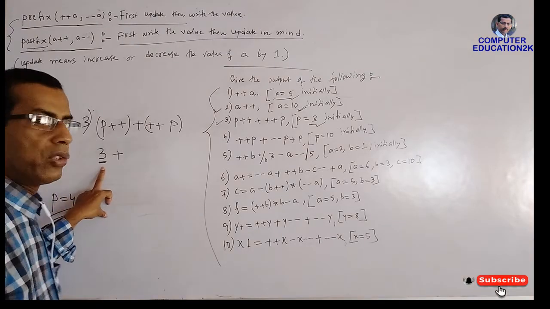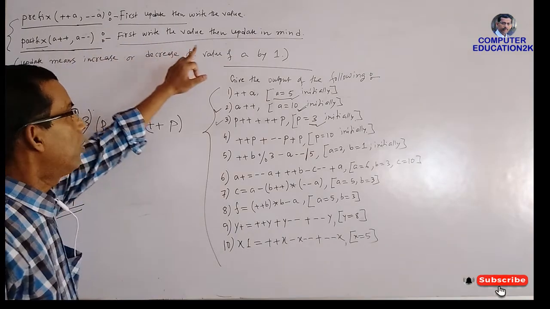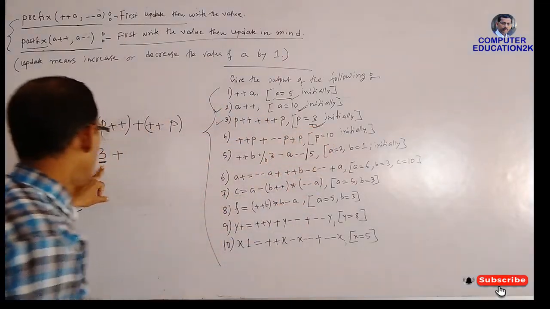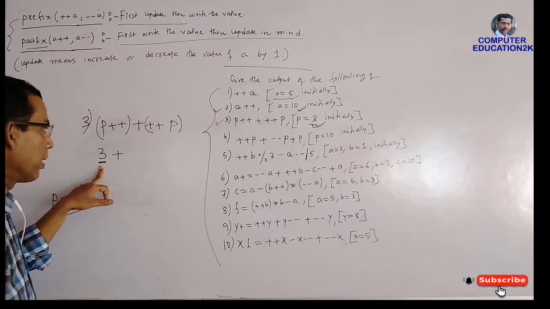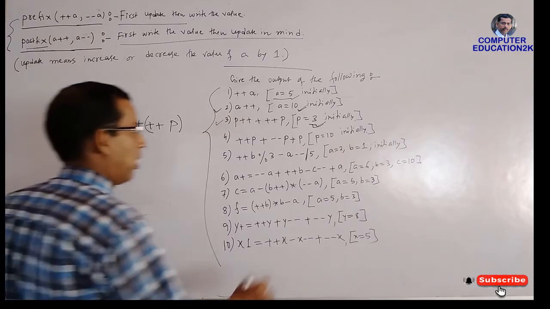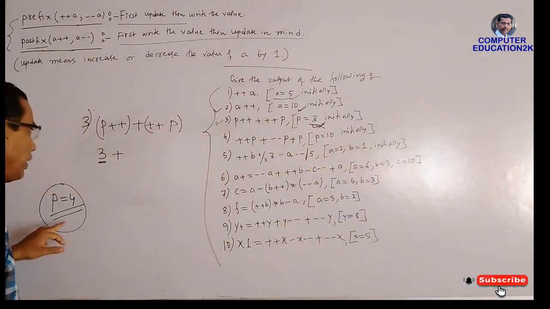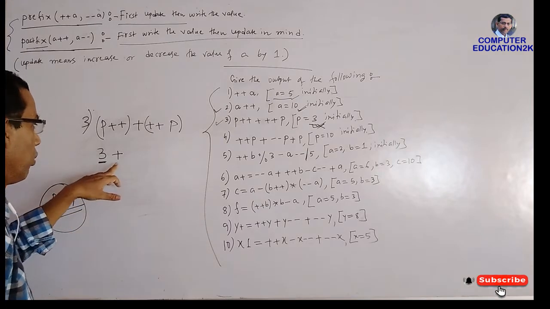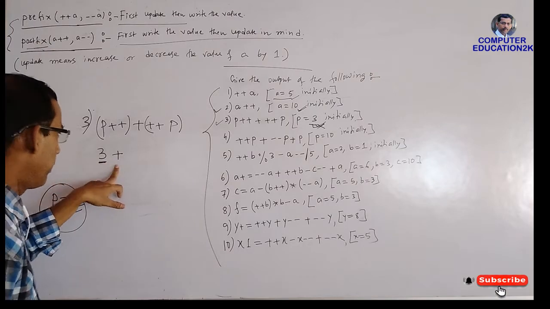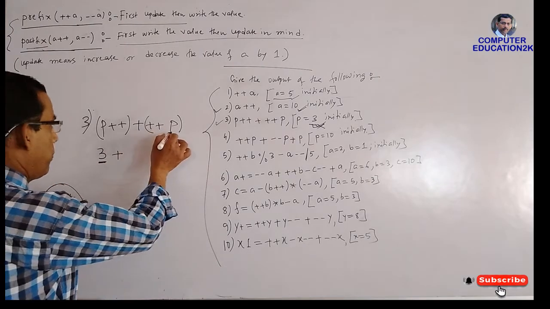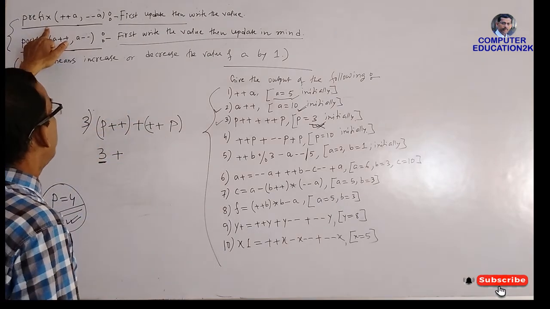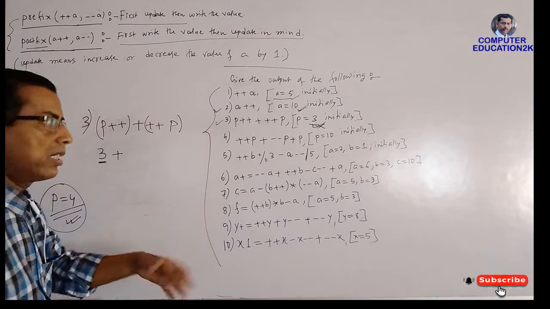Now p is 4. Then I have given plus, then plus p. Now p is already 4. Plus p is prefix: first update, first increase, then write.